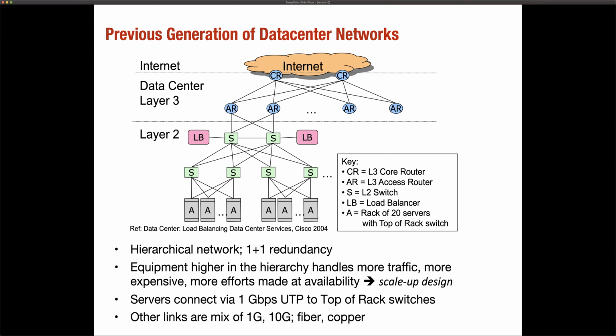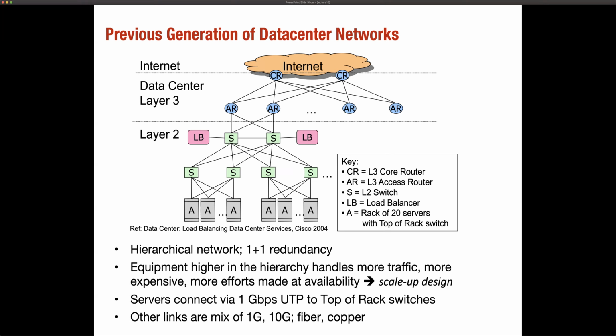The servers were connected via 1 Gbps links to the top of the rack switches. And there was, in some sense, a bit of oversubscription: if there are 20 plus servers connected to the top of rack with 1 Gbps links, we're talking about 20 Gbps, but the links from the top of rack switch to the S switch were maybe 1G or 10G. So there was a bit of oversubscription at that part, right?